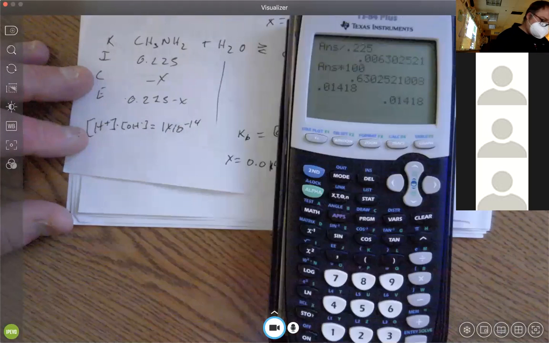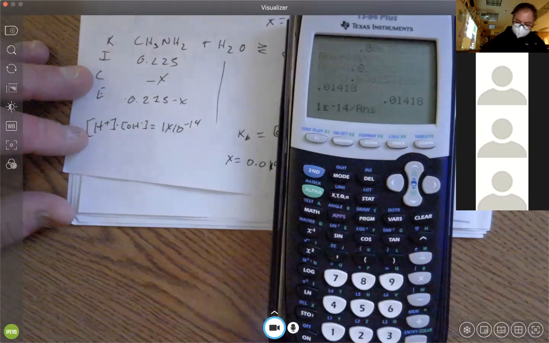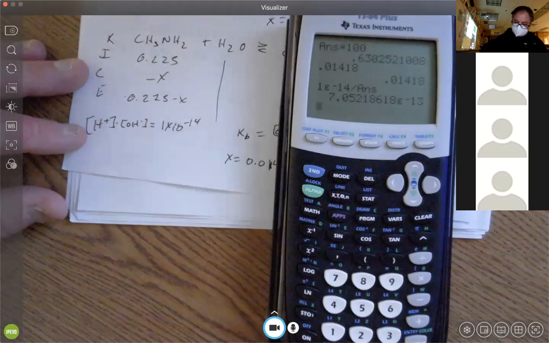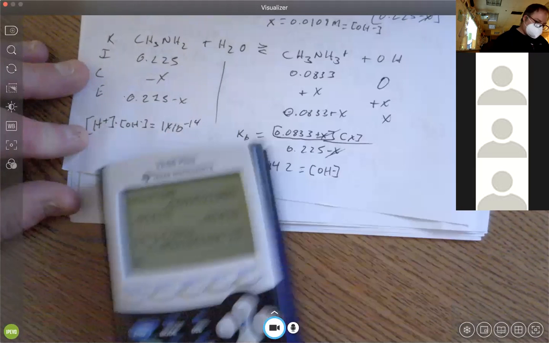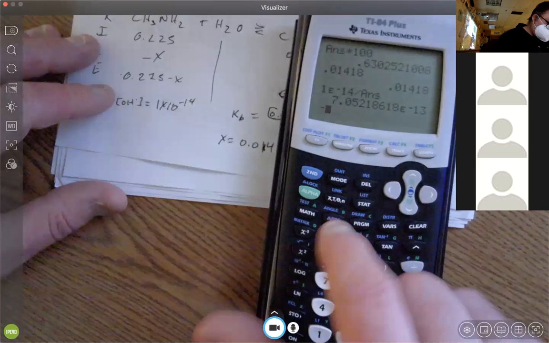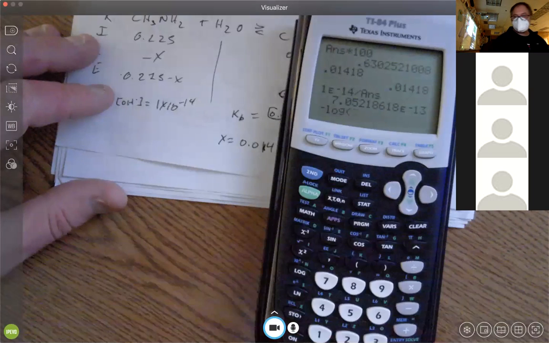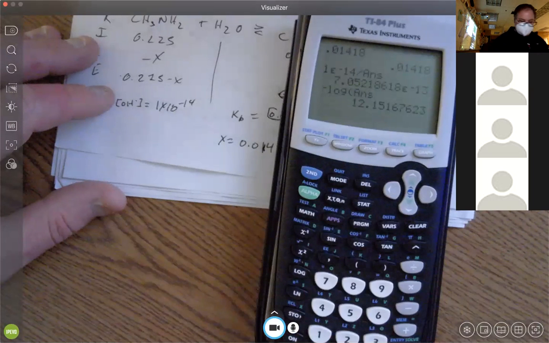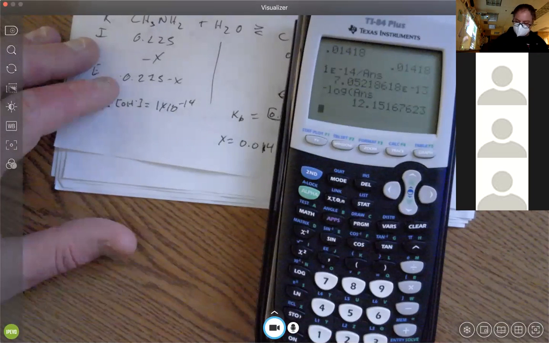So we could take 1 times 10 to the negative 14th and divide it by this, and that would give us our hydrogen ion concentration. And then we could take the negative log of this, and that would give us our pH.